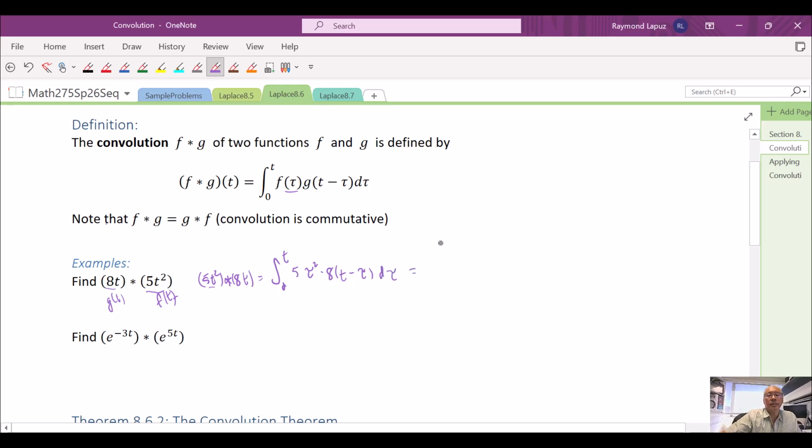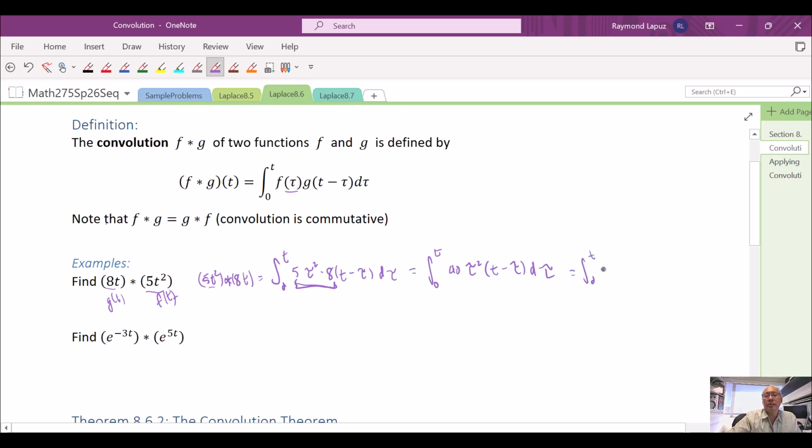All right, let's go ahead and integrate that from 0 to t. I'm going to try to do this carefully. Let's multiply the 5 times 8. That's 40 tau squared, and then t minus tau. I'll go distribute that in the next step.